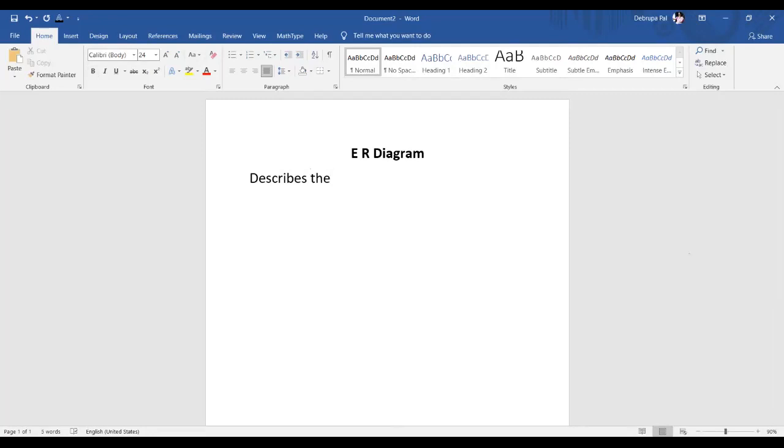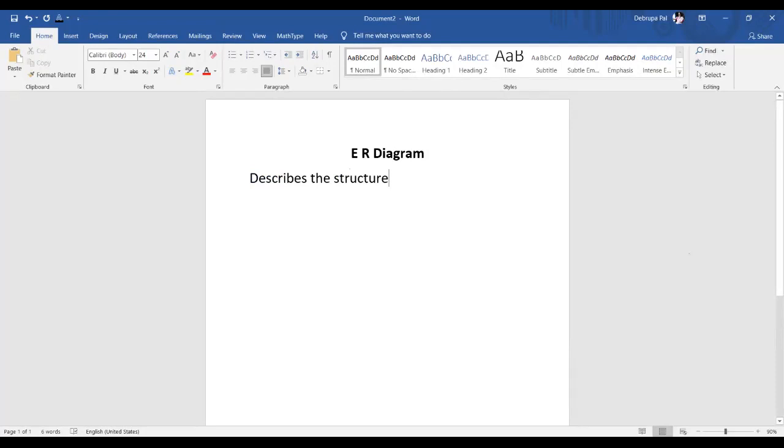Pictorial representation of the diagram. ER diagram is pictorial representation of entity and relationship. This is not the proper answer.